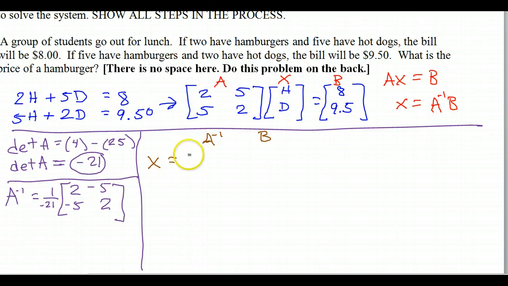So it's my 1 over negative 21, and the 2, the negative 5, the negative 5, and the 2. All of that is A inverse. And then that's supposed to be times B. Well, B is right here. It's 8 and 9.5.